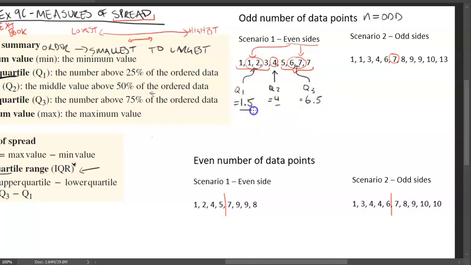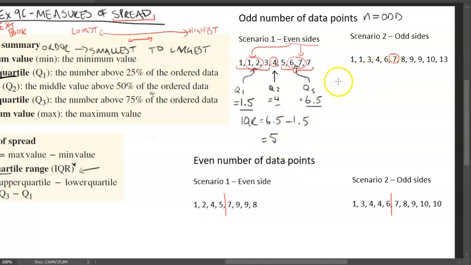Okay, so we've got our Q1, we've got our Q2, and we've got our Q3, meaning our IQR is 6.5 take away 1.5, and in this case 6.5 take away 1.5 is going to be 5. So our middle range, or interquartile range, is 5, okay?